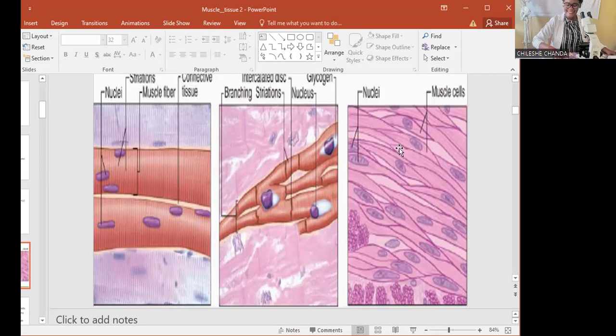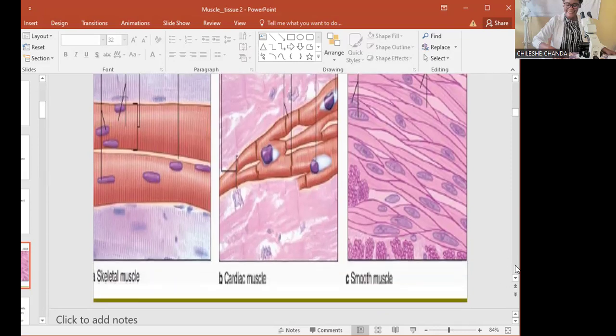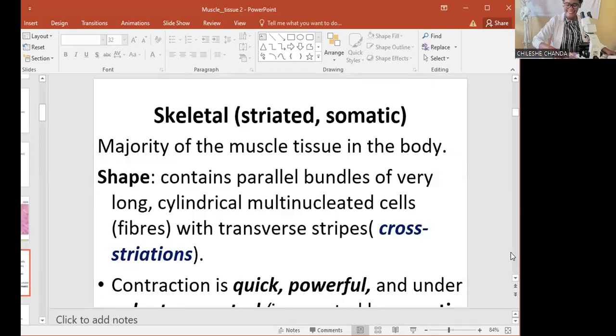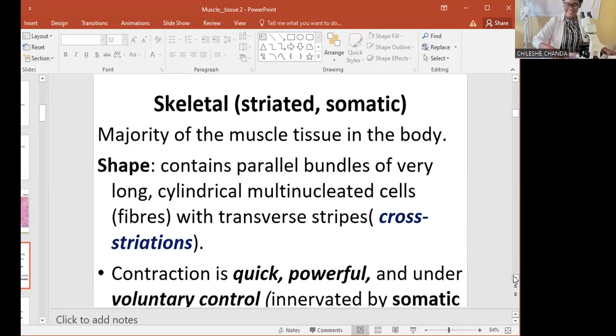It is uninucleated, so each fiber has only one nucleus, and that nucleus is located in the center. The nucleus is centrally located. That is what that means, okay?